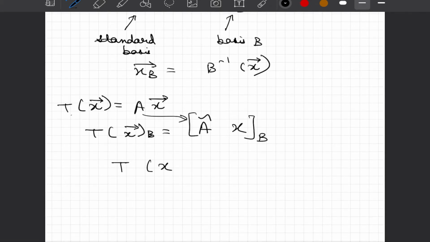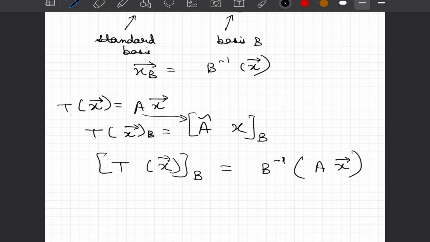That means we can always write Tx with respect to basis B as B inverse Ax, because if we substitute x with Ax, since this is now a transformed value, the result is going to be the same.